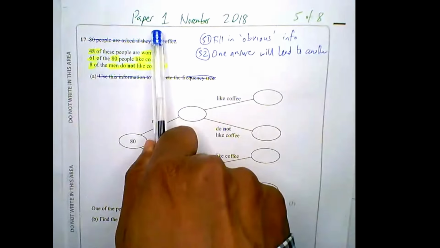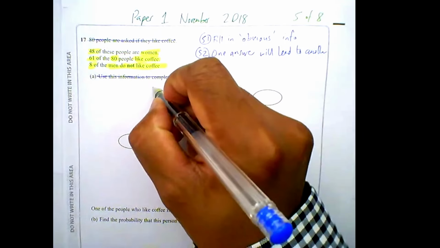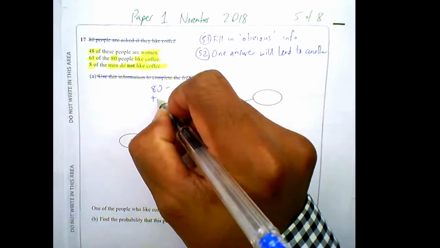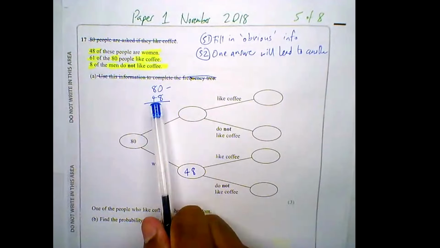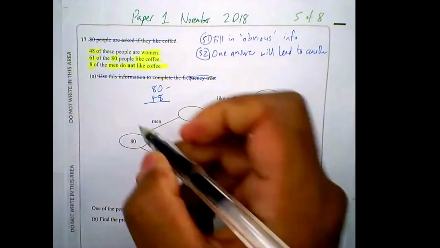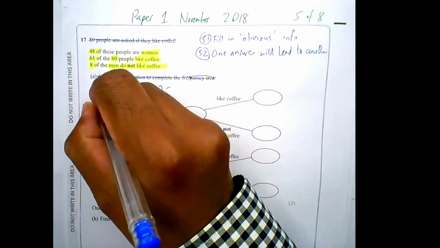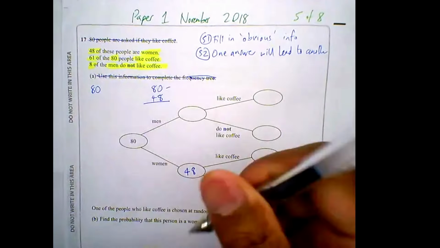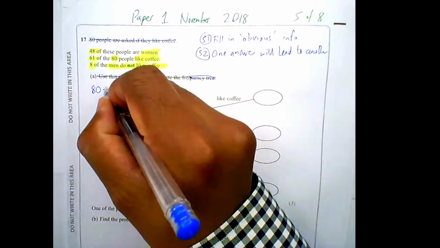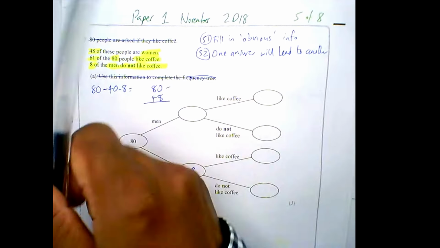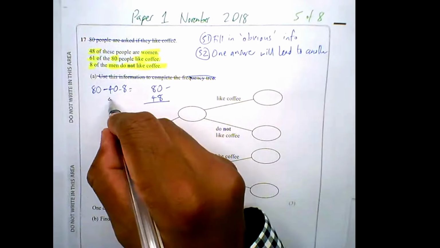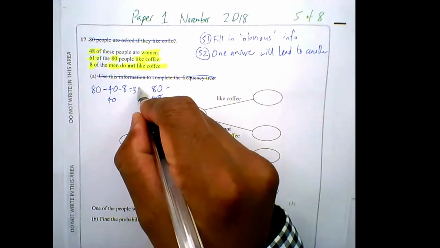And it's a paper 1, so this is a non-calculator paper question. 80 take away 48. If I think about it, 80 take away 40 is 40, 40 take away 8. So let me just write what I said. I'm going to break this up instead of just doing this as another way. Take away 40, take away 8. So 80 take away 40 gives me 40, take away 8 is 32.